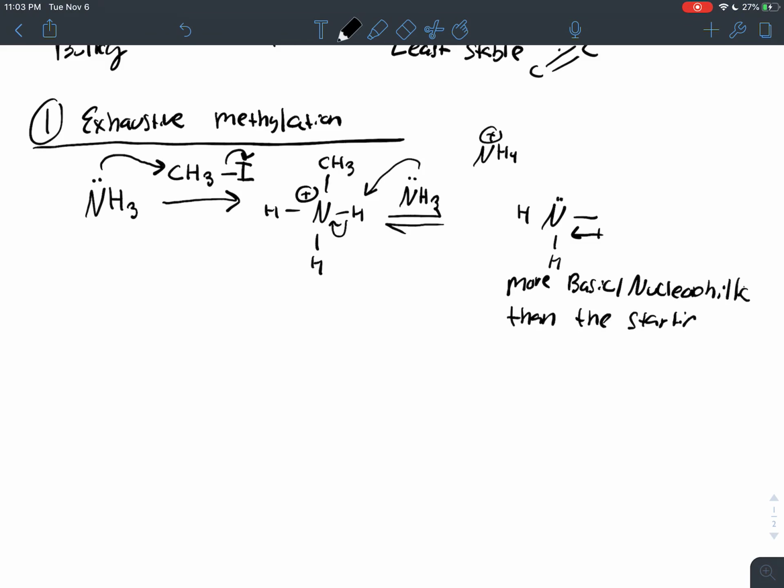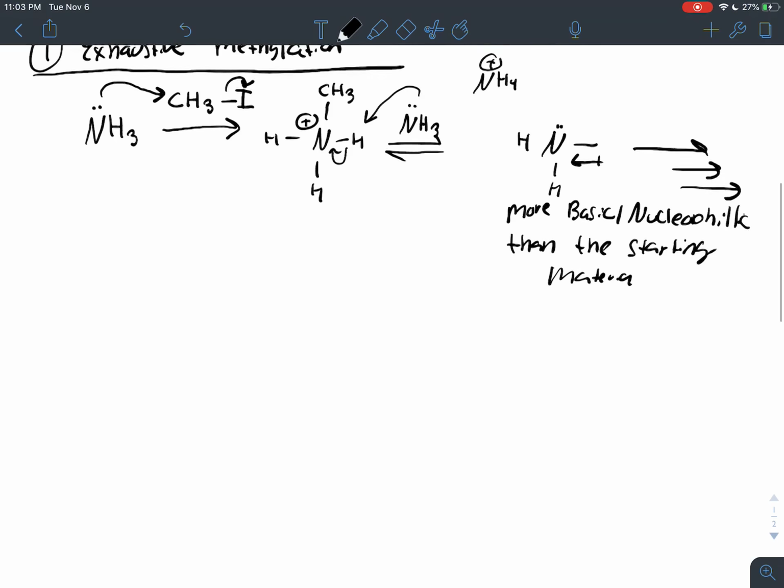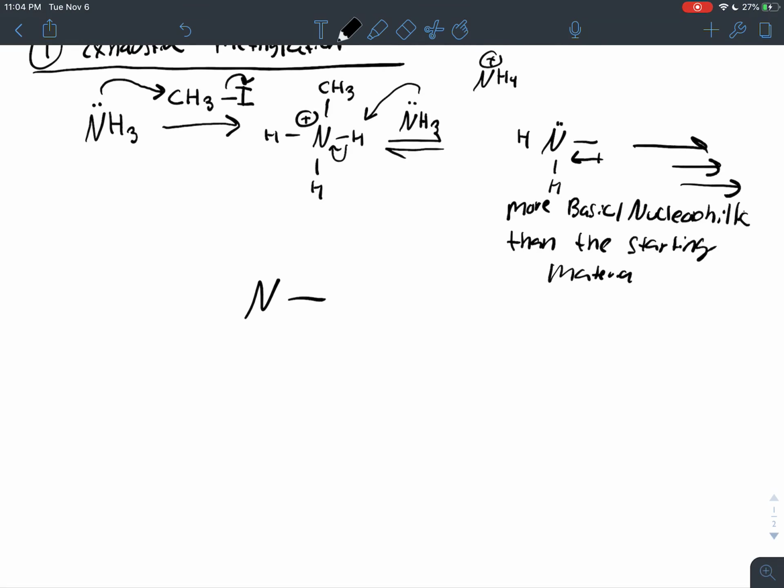If it's more reactive than the starting material, it's going to keep on going until it can't react anymore. We're going to exhaust the lone pairs until there's nothing left. And that's why eventually you form a quaternary charged ammonium. And that's the basis for Hofmann.